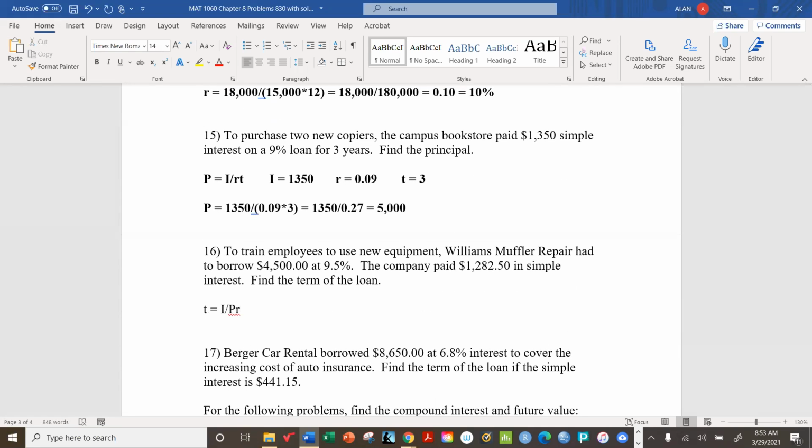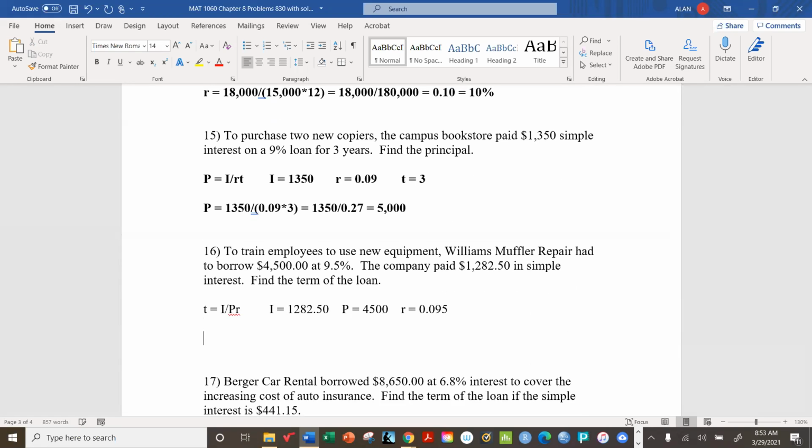Okay, so we know that I is 1282.50. P is 4,500, and R is 0.095. Okay.